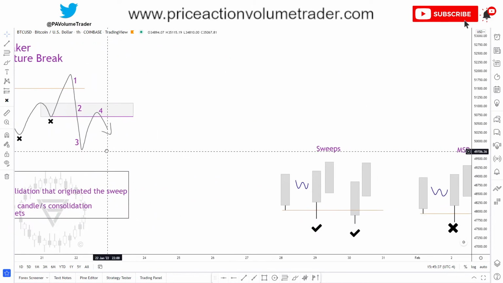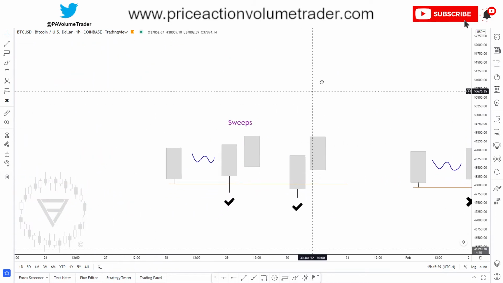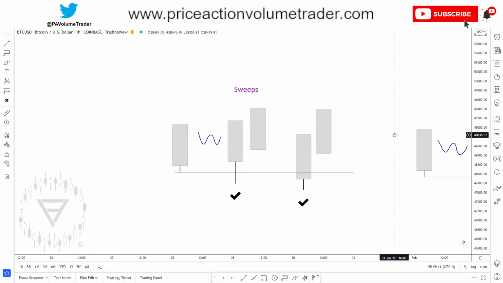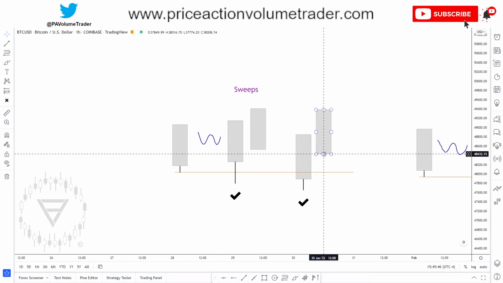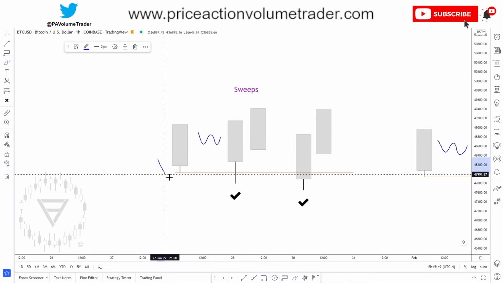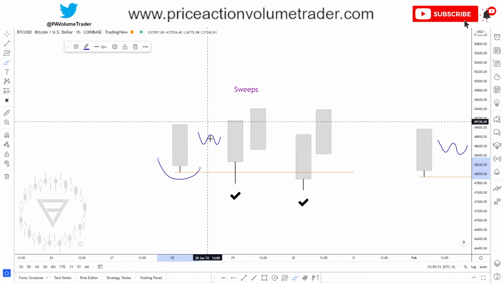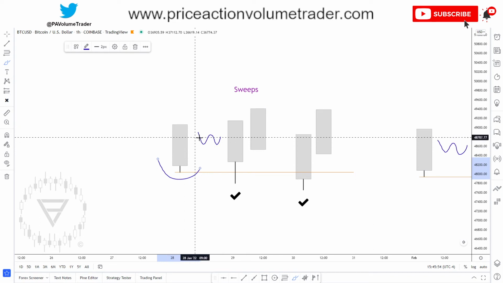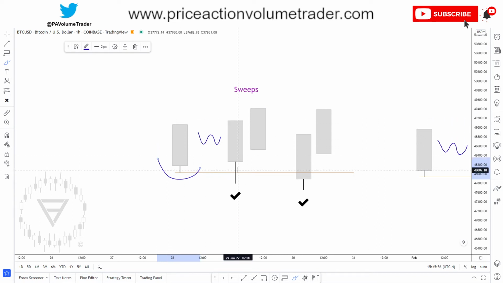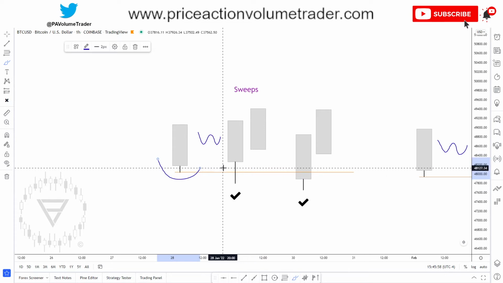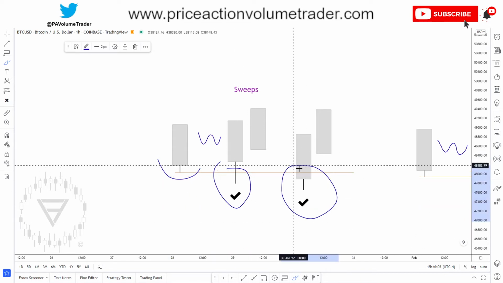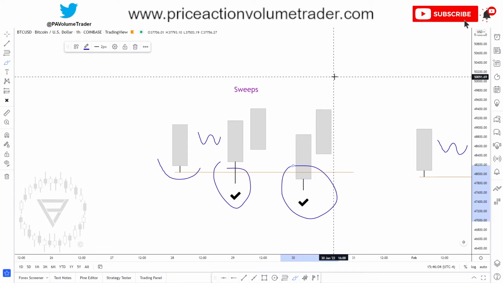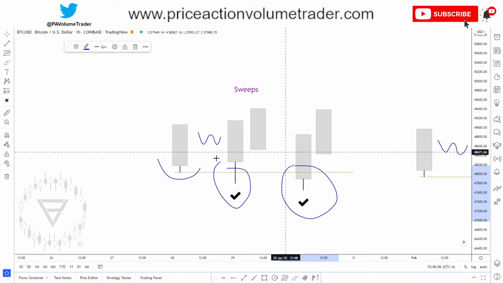So when it comes to sweeps, and I have an example here, there's two. Both of these examples are valid sweeps, where we have a previous swing low, price then moves, we have some movement, then price comes back, and we can either just wick below, or we can actually close below, but then get back above it very fast.